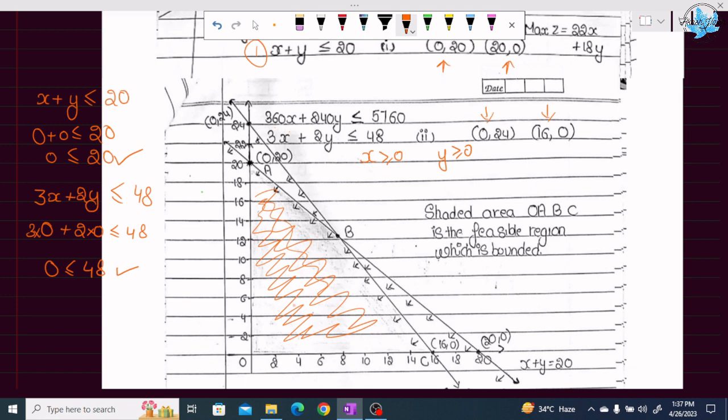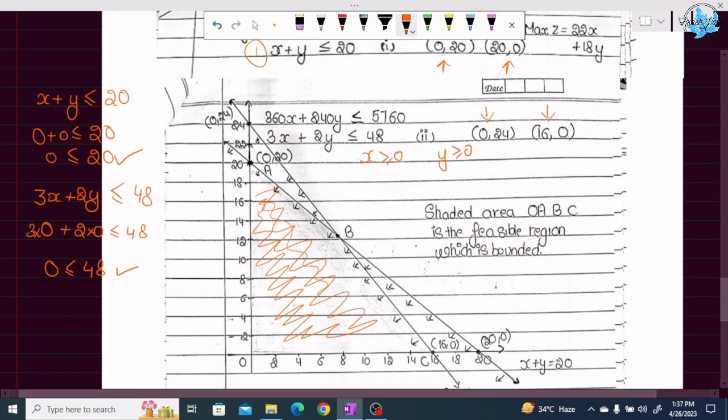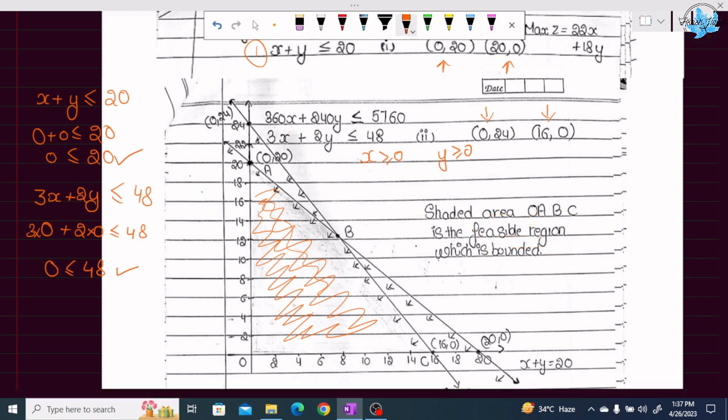So now we can see the shaded area OABC is the feasible region, which is bounded. Bounded means it is bounded from all the edge points, that it is not open from any point, and feasible means that the solution exists in this area. Now to find the area of this bounded region, we name the points.